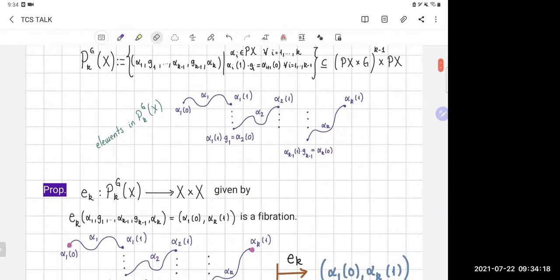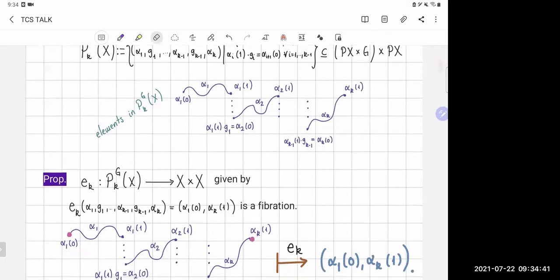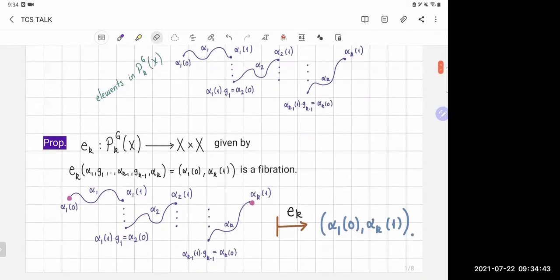Then we have this proposition telling us that this map E_k from P_k^G of X to X cross X, given by the evaluation of the initial point of the first curve and the final point of the last curve, is a fibration. So here we have this image.